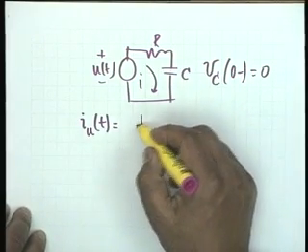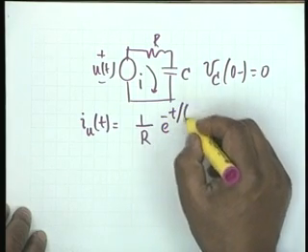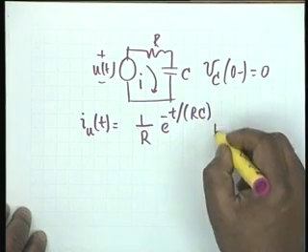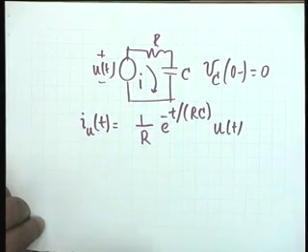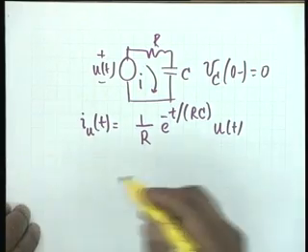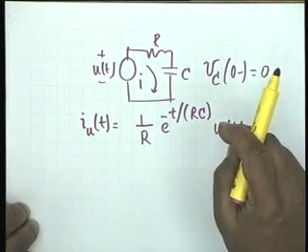It turns out to be a very simple thing, 1 by R e to the minus t by R C multiplied by u of t. This is what it turns out to. Or else, if you do not like to integrate, well, this integration involves cancellation of terms and so on.